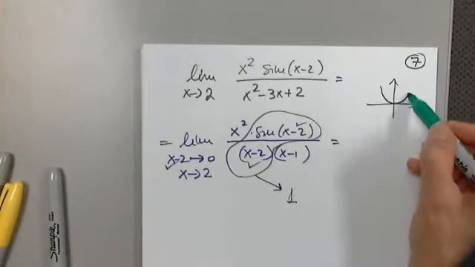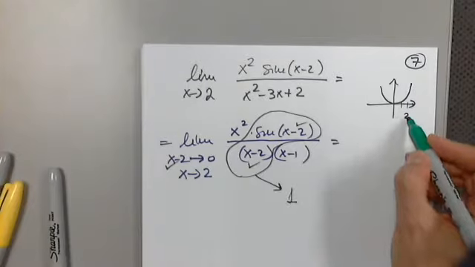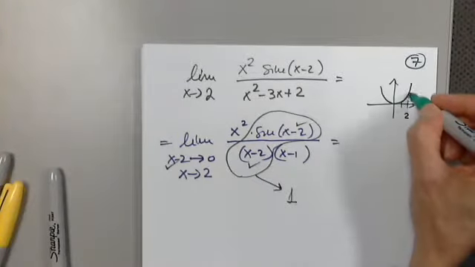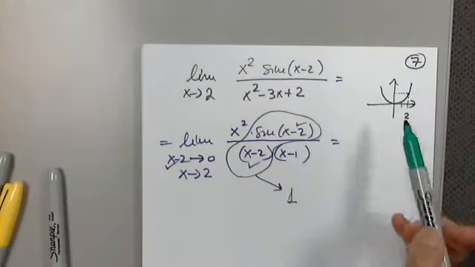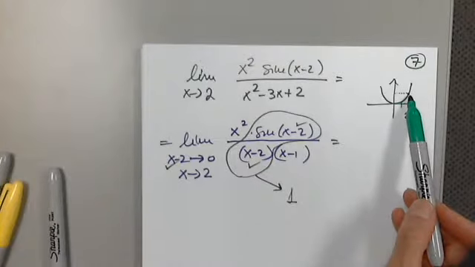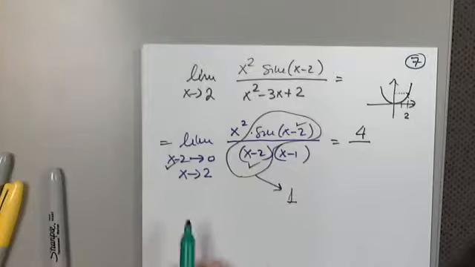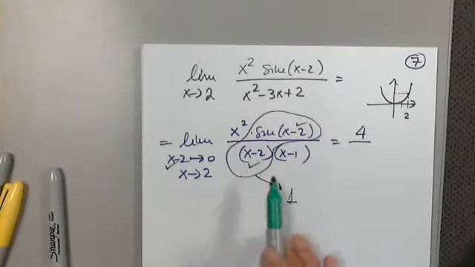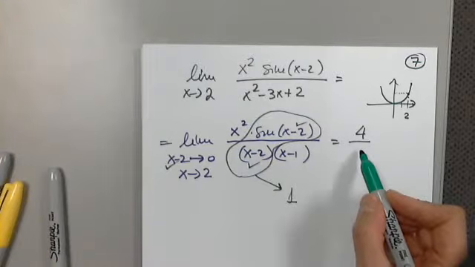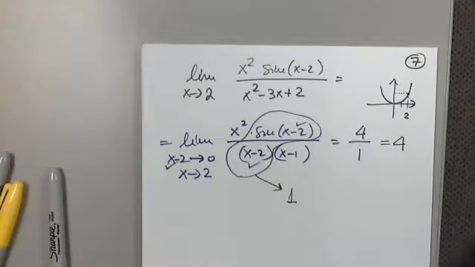So this is x squared. As x approaches 2 from either side, what will the function value approach? 4. When x approaches 2, what will x minus 1 approach? 1. So then the limit in this case is 4.